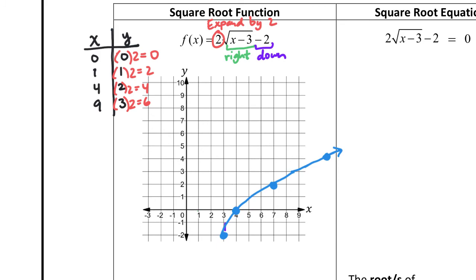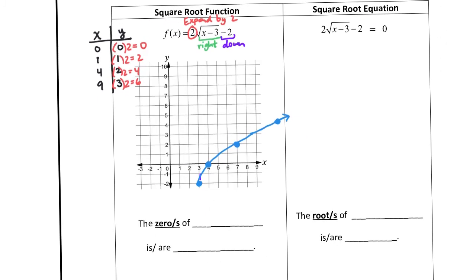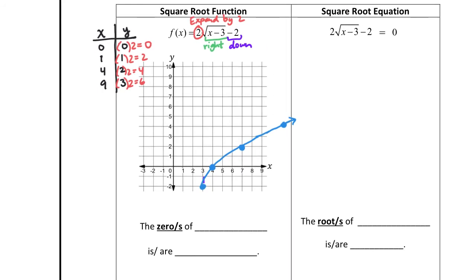Now, let me zoom out a little bit just so we can fill in the info. So it's asking, what are the zeros of the function we just graphed? So the function we just graphed is f of x equals 2 square root of x minus 3, minus 2.